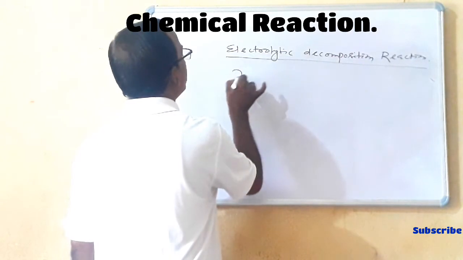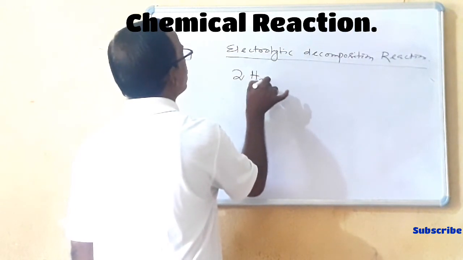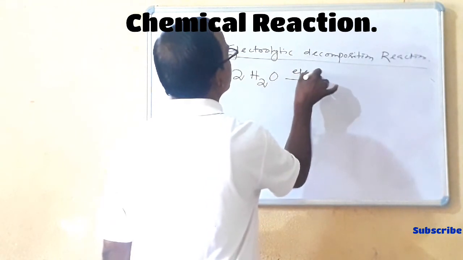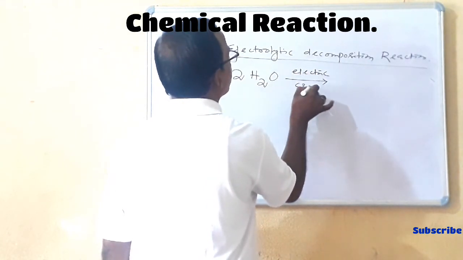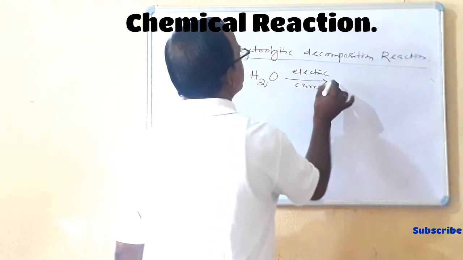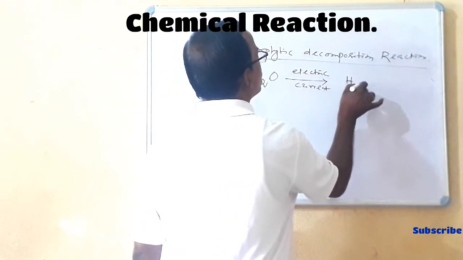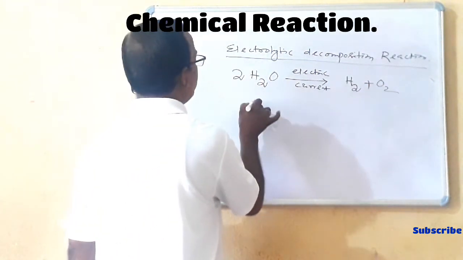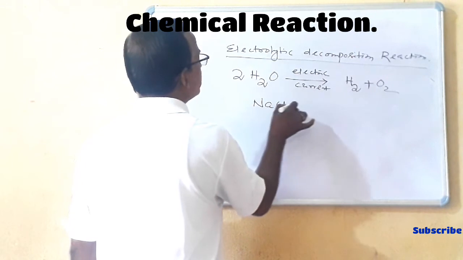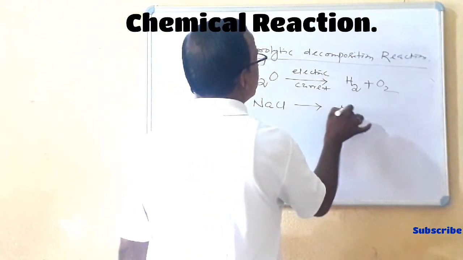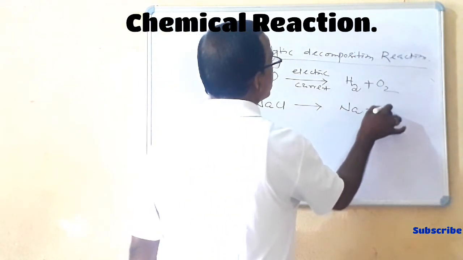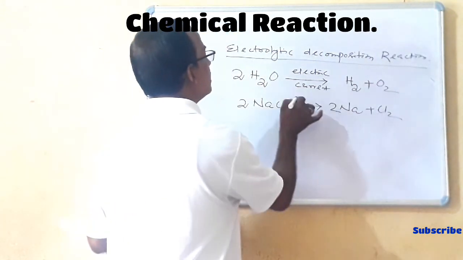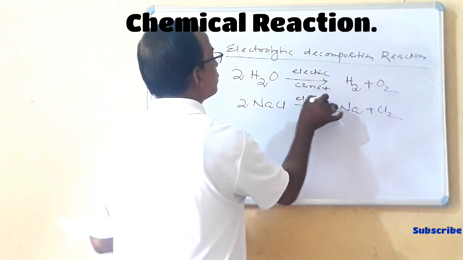So H2O, when electric current is passed through it, splits up into H2 plus O2. Similarly, when electricity is passed through NaCl, it produces Na plus Cl2. That means to balance it, this electric current is passed through it.